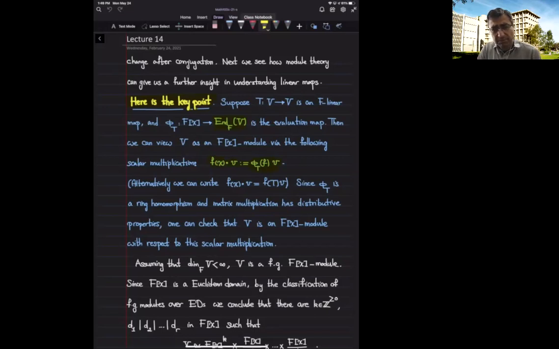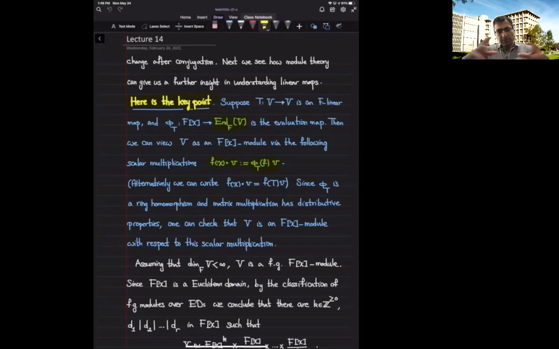Notice that the endomorphisms of a finite dimensional vector space can be identified with n by n matrices with entries inside the field F by means of choosing a basis for the vector space. So essentially, we are giving a ring homomorphism from the ring of polynomials to n by n matrices with entries inside F. This ring homomorphism is also F linear, so we are giving an F linear homomorphism from F[X] to M_n(F).